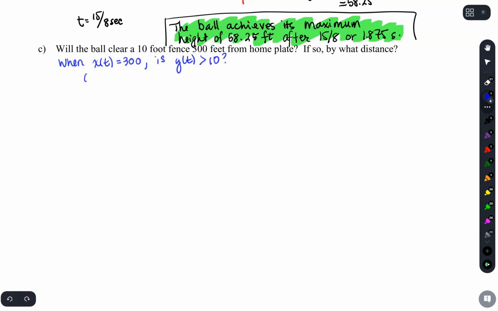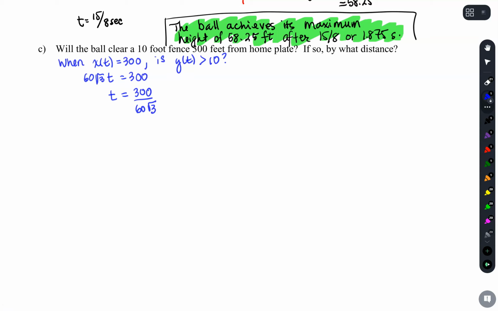Well, that's when 60 times square root of 3t equals 300. So we can divide both sides of this equation by 60 square roots of 3. So we have 300 divided by 60 times square root of 3.